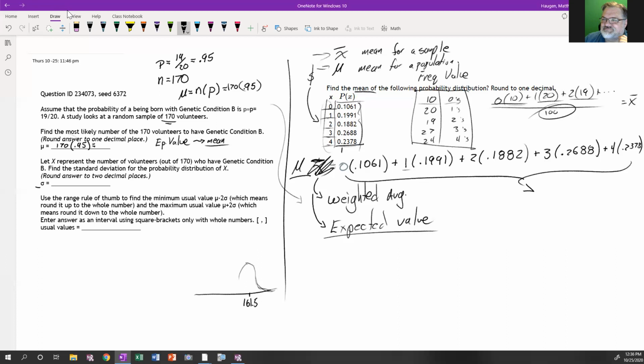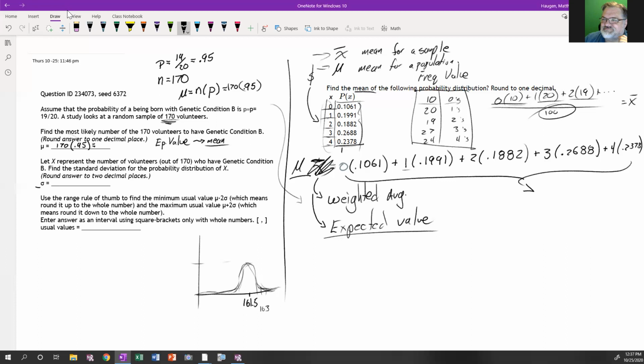That's going to be the average. That's the peak of our distribution. So that's the highest probability that we have. But there is a standard deviation. There's a spread in this data. Is it possible to get, say 163 instead? Is it possible that out of these 170 people, 163 will have the genetic condition?